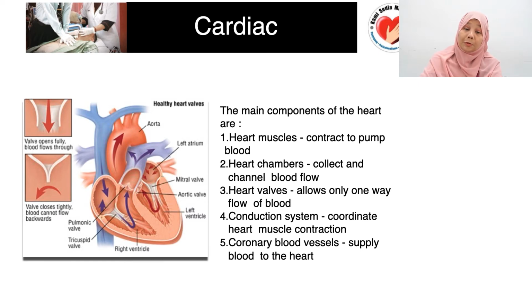So the main components of the heart are the heart muscles, which contract to pump the blood, the heart chambers to collect and channel blood flow, the heart valves, which allow only one-way flow of blood, the conduction system that helps to coordinate the heart muscle contraction, and the coronary blood vessels that supply blood to the heart.